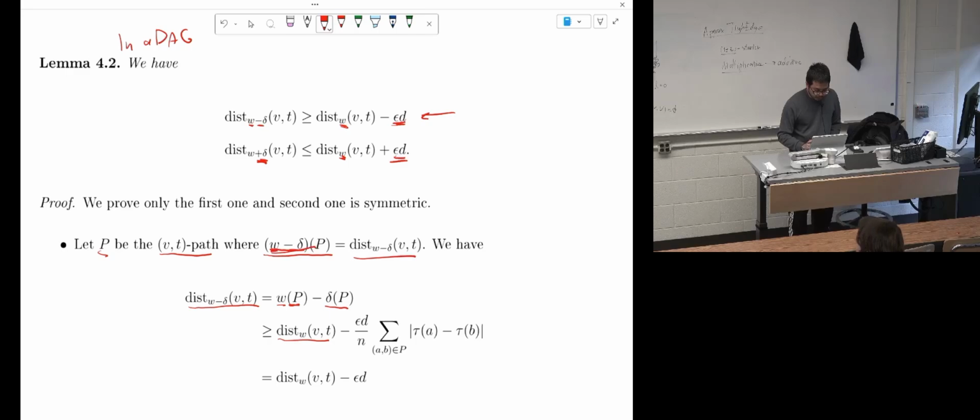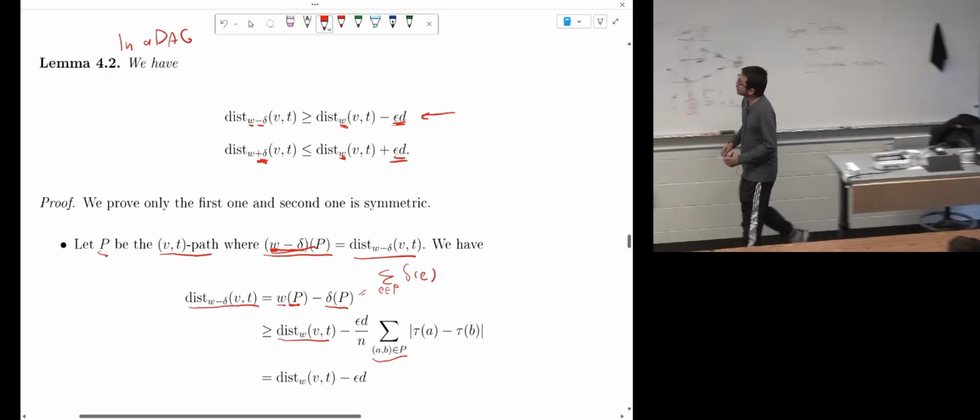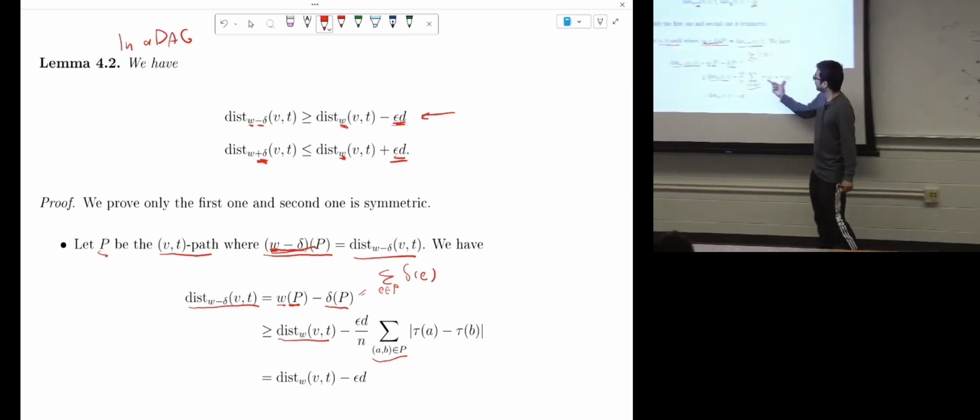Delta of P is the sum over all edges in P of delta E. But delta E is this thing times this thing.